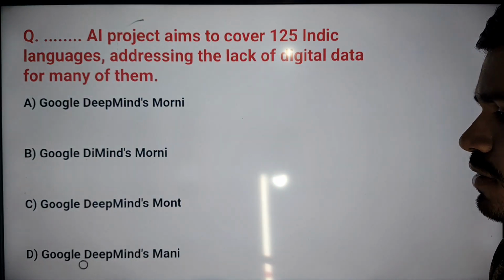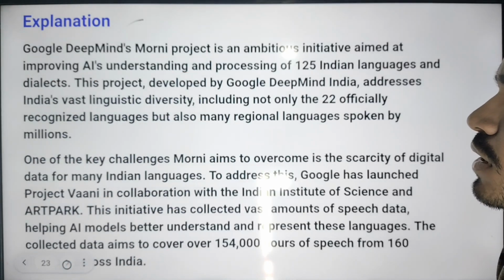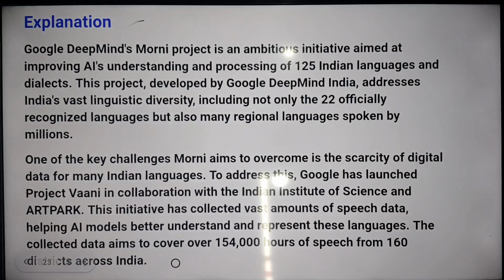If you see the explanation, Google DeepMind's Morni project is an ambitious initiative aimed at improving AI's understanding and processing of 125 Indian languages and dialects. This project, developed by Google DeepMind India, addresses India's vast linguistic diversity, including not only the 22 officially recognized languages but also many regional languages spoken by millions.